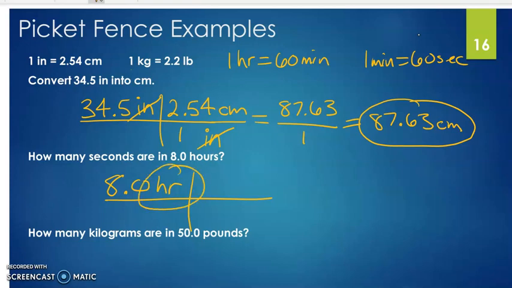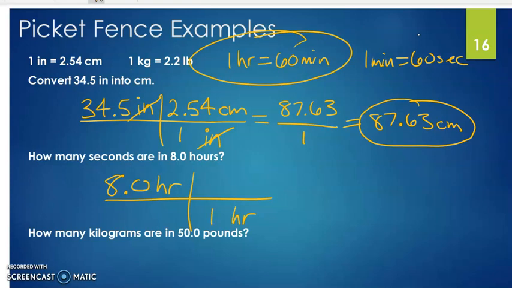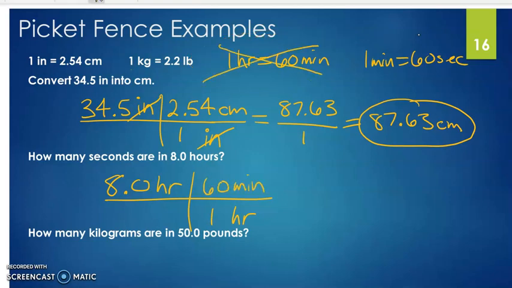So again, I have hours here, so I know automatically I have to put hours here. Well, how many hours? Okay, now I'm using my equalities. So 1 hour and whatever that is equal to goes above it. 60 minutes. So I just used this equality here.